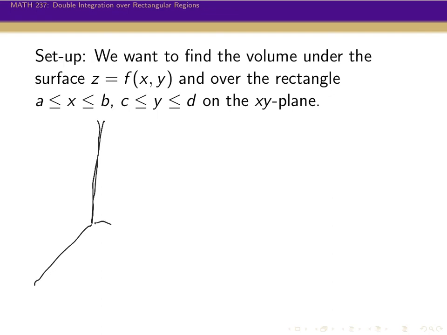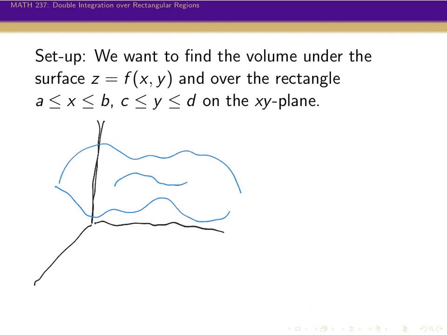So here are our axes, and here's our surface going on here. So this is our f of x y equals z. We're building a rectangle where the x values are coming between a and b, so these are cutting across this way.